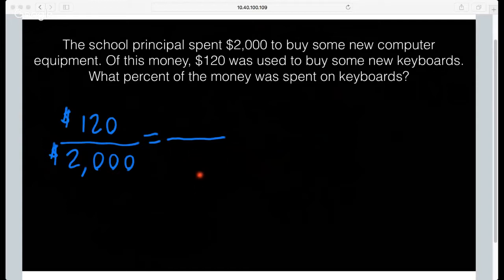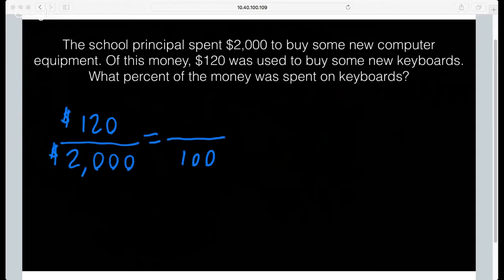The whole always for percent is, even if they don't tell us, is always 100, because 100% is always the whole. That means we're trying to solve this. What part of the whole, in percentage, was spent? We know it was $120, but we want to know what percentage this is of this.